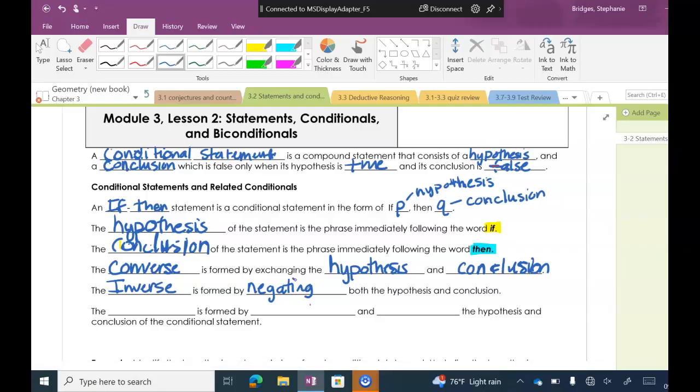So if I say I am going to do something, to negate that would be to say I'm not going to do that, right? Or to say something is blue, to negate it would say it is not blue. And then what we call the contrapositive is formed by switching, that means changing places, and negating the hypothesis and the conclusion.